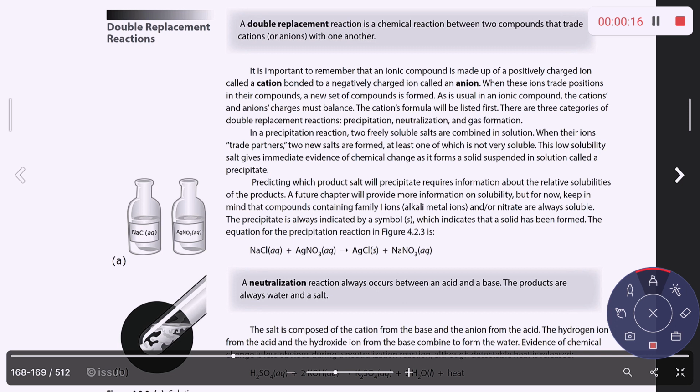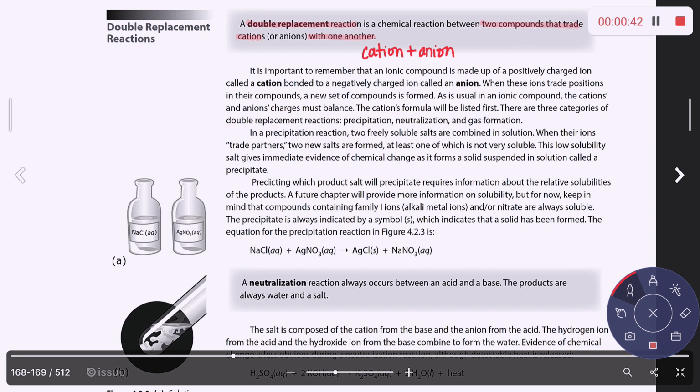Okay, let's look at double replacement reaction. So this is a chemical reaction where two compounds will trade cations with each other. Now remember that the cation is listed first and the anion is listed second in an ionic compound, for example, or an acid or a base.